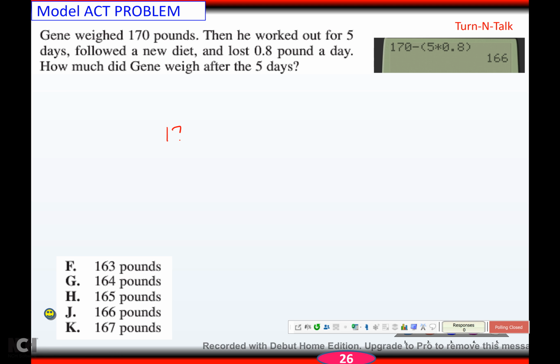Well, right now he weighs 170. He's on a diet, so he's going to lose weight, 0.8 pound per day. Per, that's a multiply word. Well, they didn't say per, but a day. So you're going to take off 0.8, 5 times. And that will give you 166.